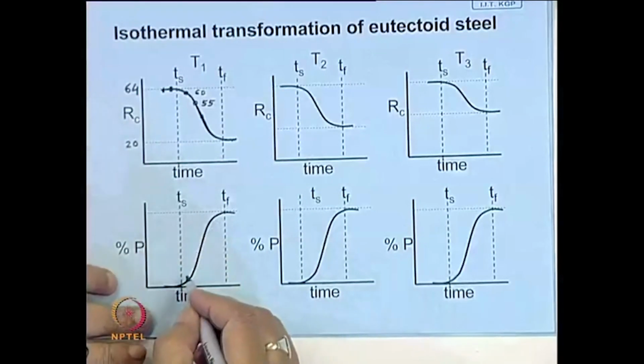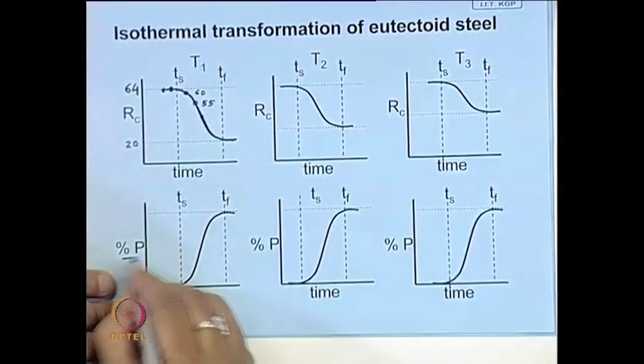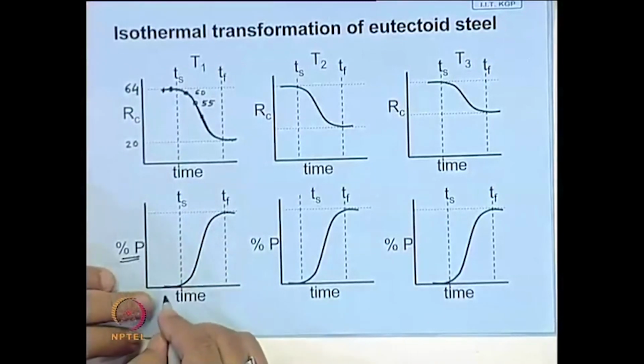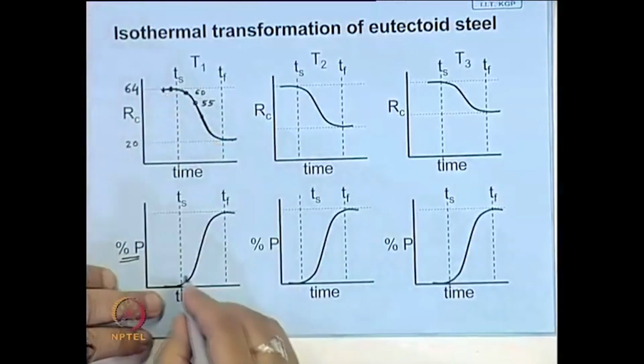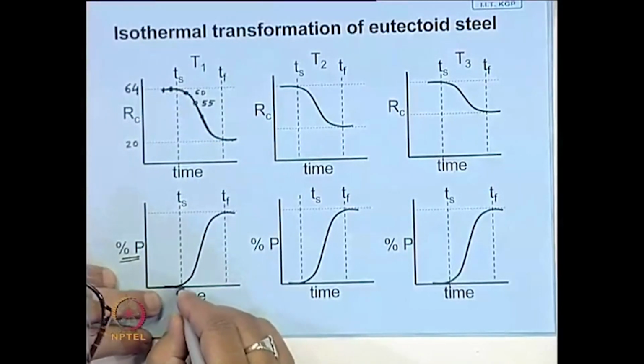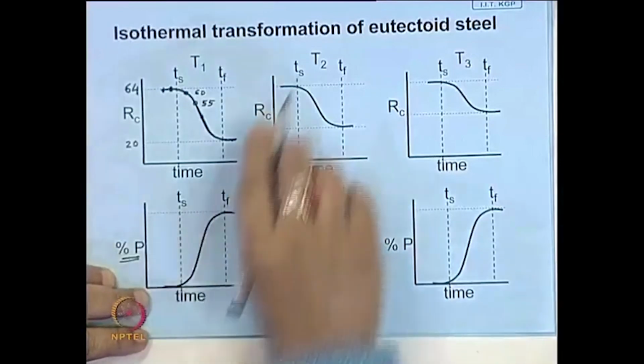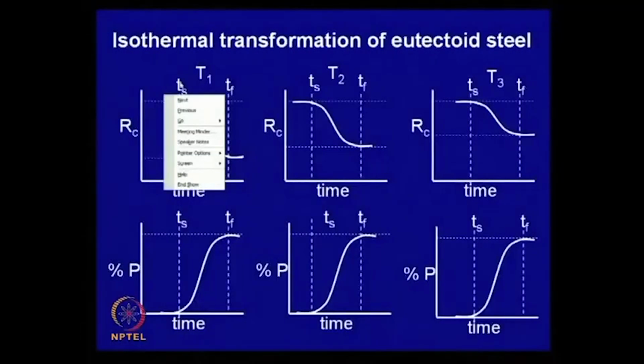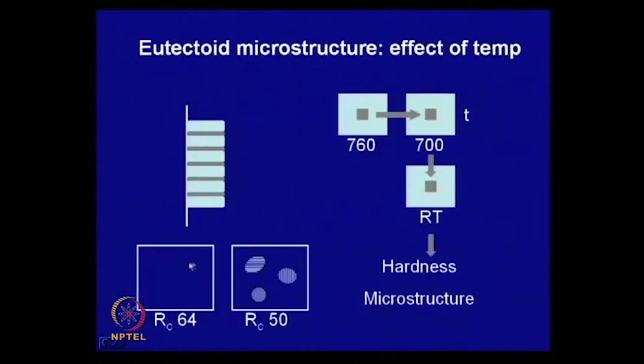Similarly, if you look at the microstructure and try to find out the percentage of pearlite nodules, you will find here also you get a similar structure. Initially, if you remember the previous slide, there is no pearlite.